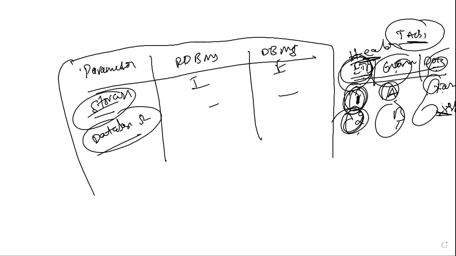In RDBMS, constraints at the schema level: values beyond the defined rule cannot be stored into a particular column.